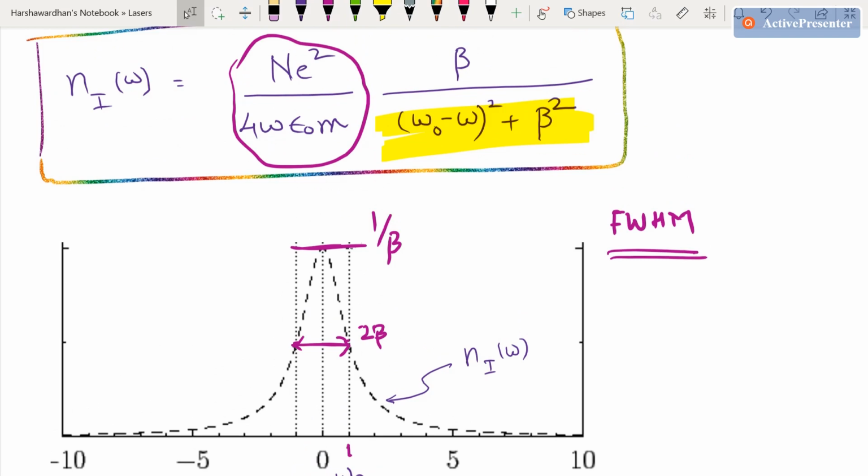That beta was a measure of the dissipation in the system, and it is precisely beta that governs how strong the resonance is, in the sense that if beta is small, the resonance is going to be higher and sharper, whereas as beta becomes large, the resonant response comes down. Not just that, the width of the response also increases, and the measure of the width of the response is essentially beta.